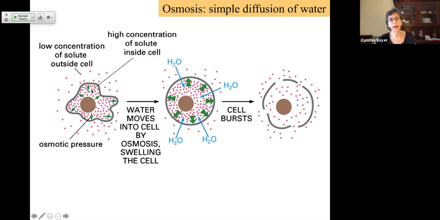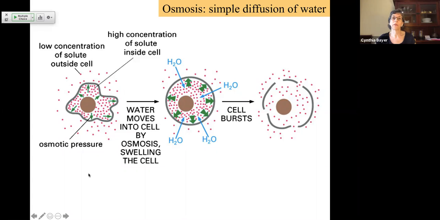Our cells have a very similar concentration of water inside the cell as the extracellular fluids they are floating around in, to make sure that we have what we call an osmotic balance, so that overall, every molecule of water that diffuses in, another molecule is diffusing out. The rate of diffusion into the cell equals the rate of diffusion outside the cell. Therefore, the cell doesn't shrink, the cell doesn't swell.